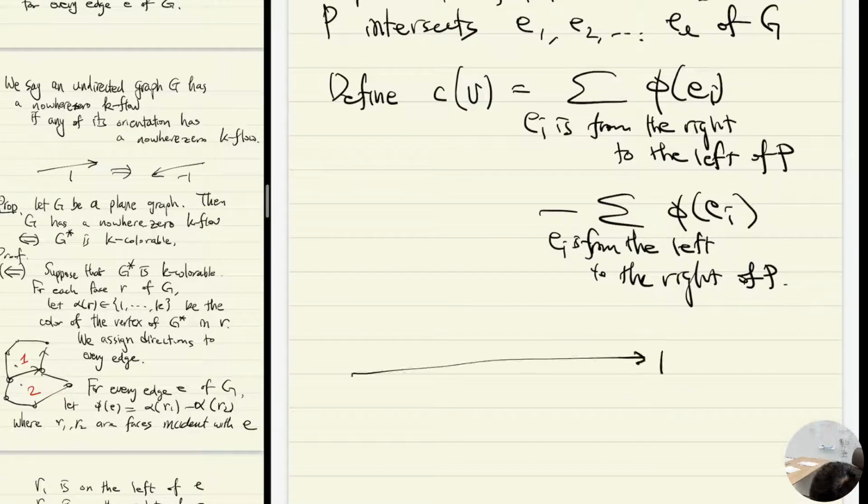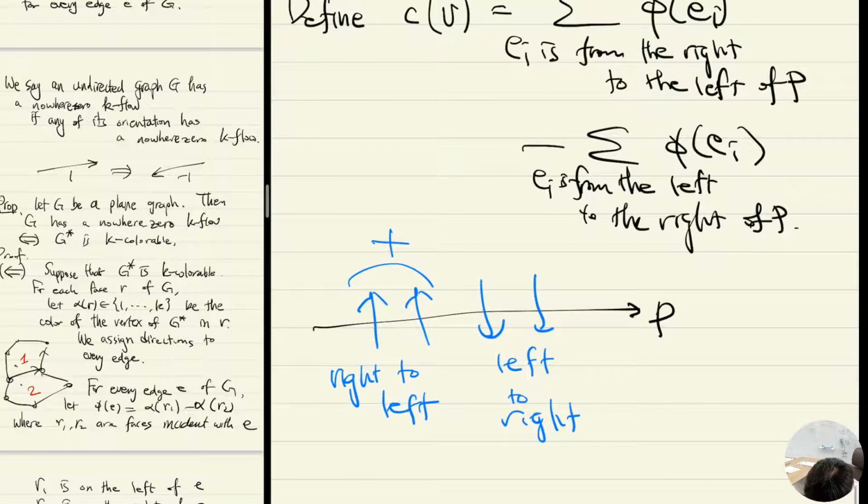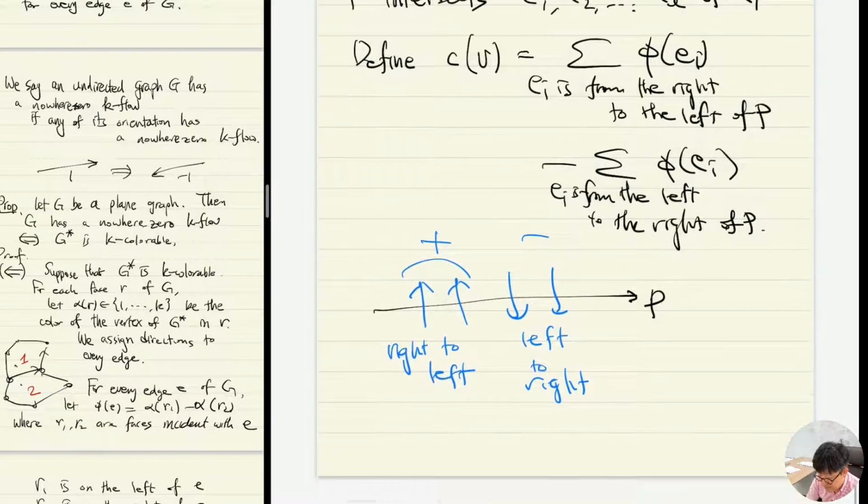So here's a path P. Some edges cross this way, so those are the edges that we subtract. Some edges come from left to right. According to the direction of P, this is right to left and that is left to right, and then we subtract. Now we claim that this is a consistent coloring.